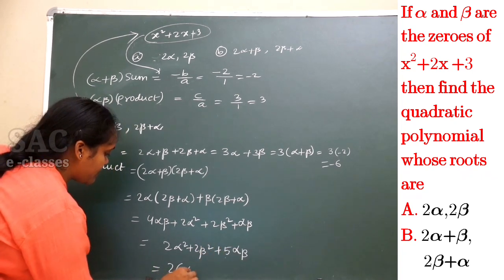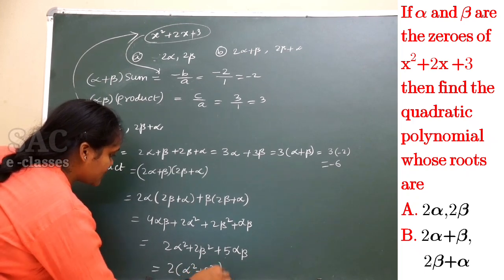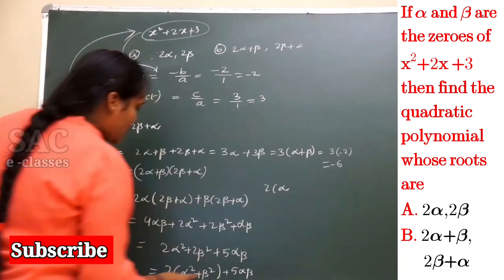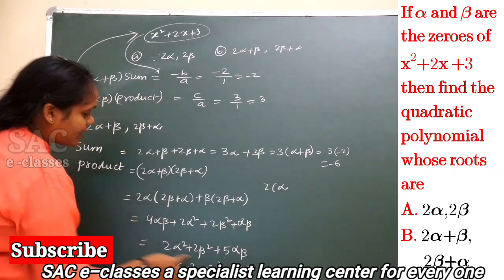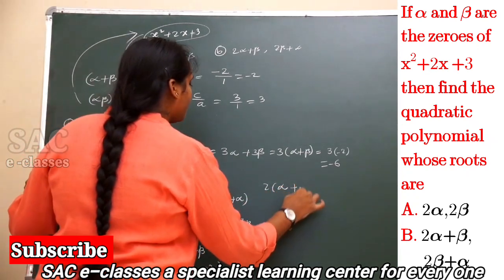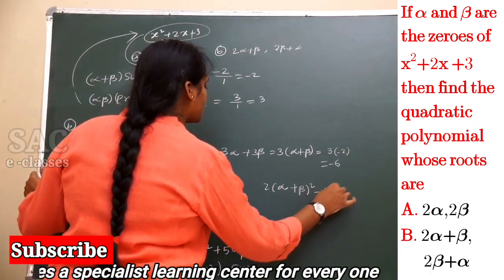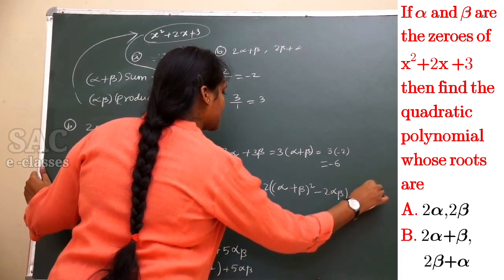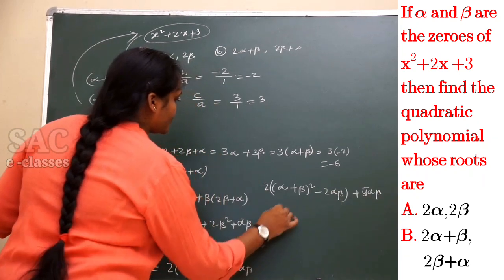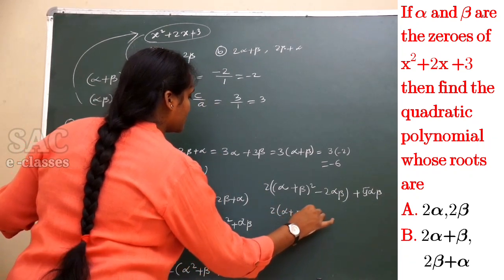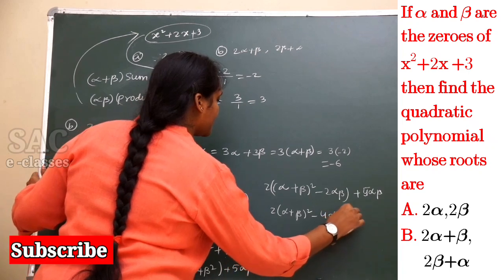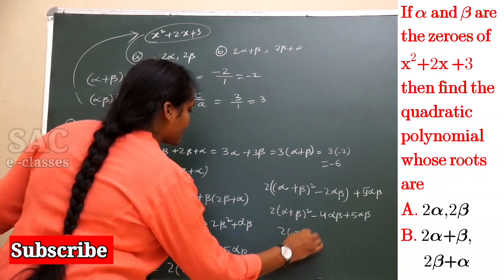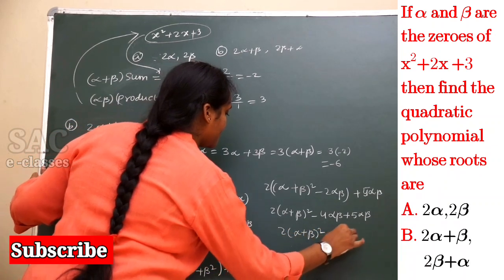Take out 2 as common: 2 into alpha square plus beta square, plus 5 alpha beta. Let us simplify this. We all know that alpha square plus beta square is alpha plus beta whole square minus 2 alpha beta. Plus already 5 alpha beta is there. So 2 into alpha plus beta whole square minus 4 alpha beta plus 5 alpha beta. You may get 2 into alpha plus beta whole square plus alpha beta.